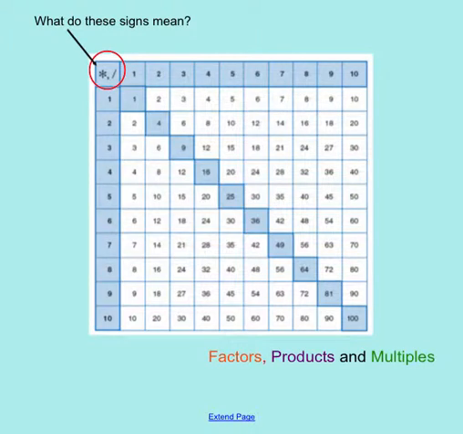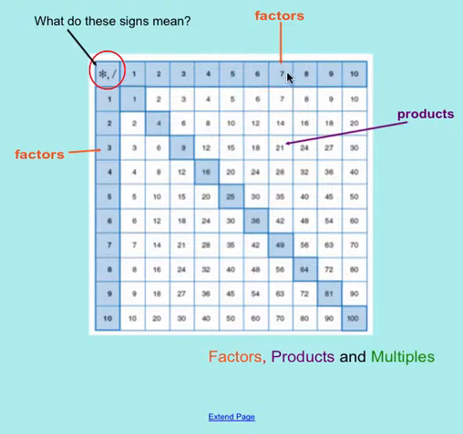Now we also have some other things you heard me mention before: factors and products. The numbers in blue along the top row and the left column are the factors. Those are the numbers that get multiplied together to give us an answer, or a product. The answer to a multiplication problem is a product.